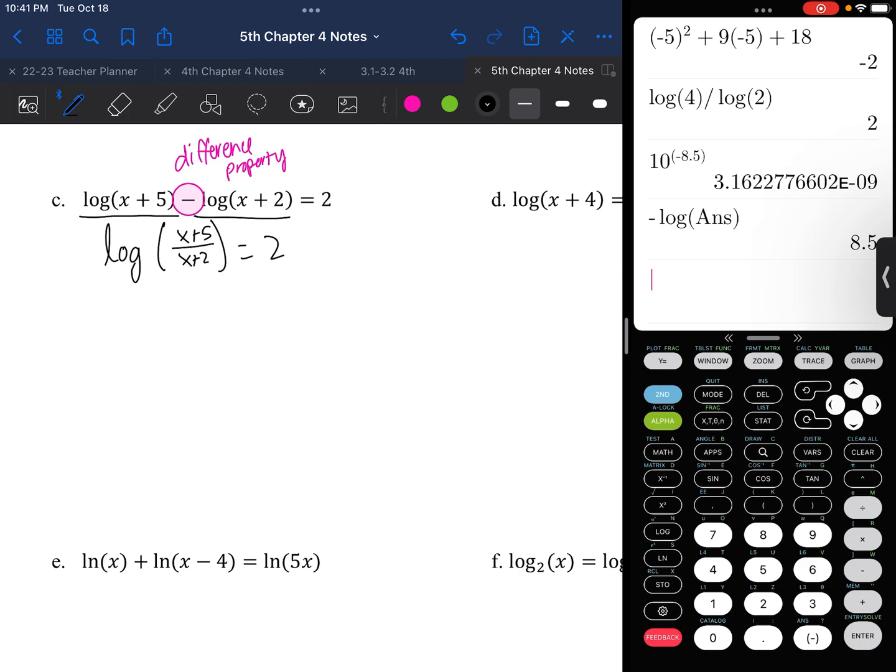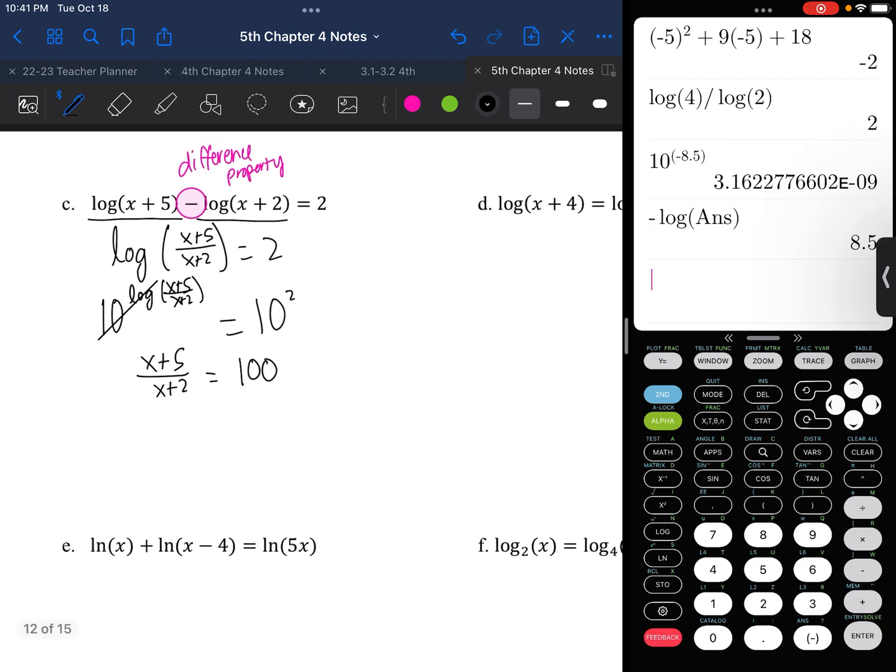It's the first thing I'm going to do. Now, this is a log base 10. So I'm going to take 10 to the power of the log of x plus 5 over x plus 2 equal to 10 to the second power. This part's going to cancel. You're going to be left with x plus 5 over x plus 2 equals 100.